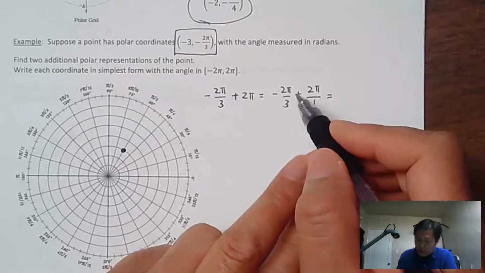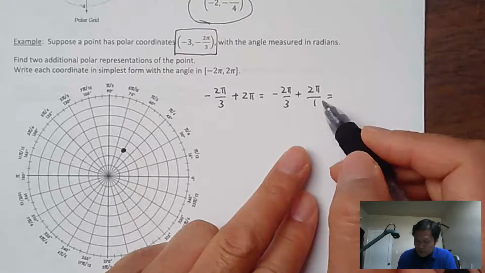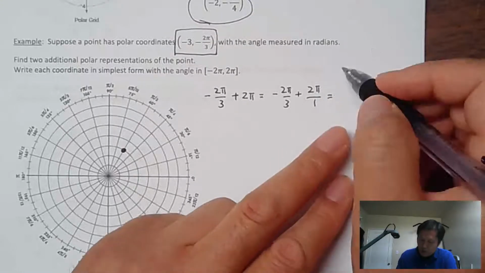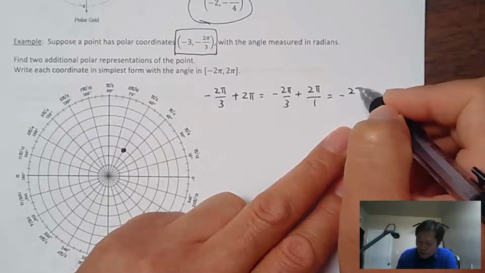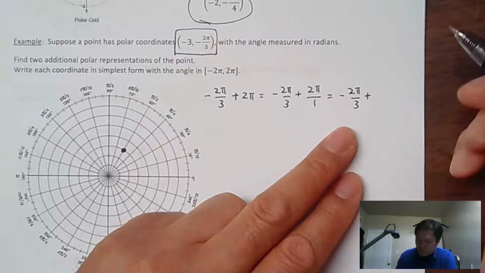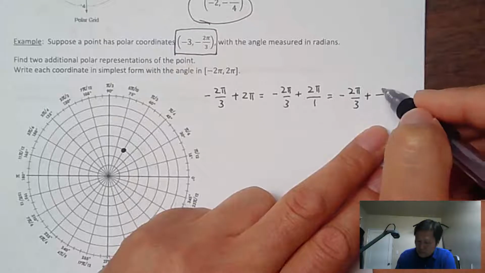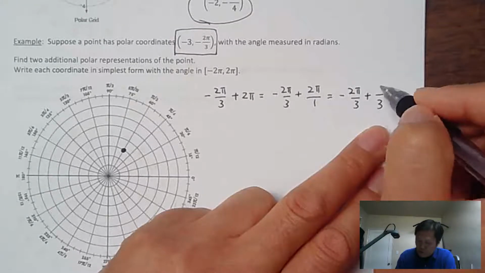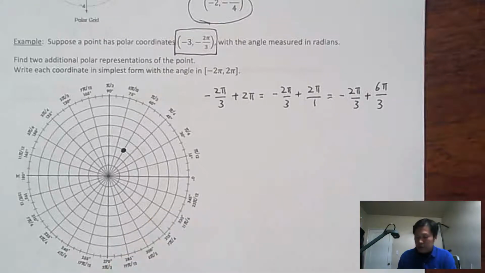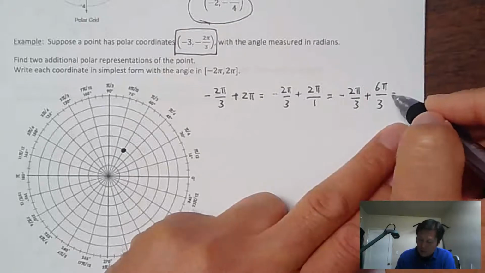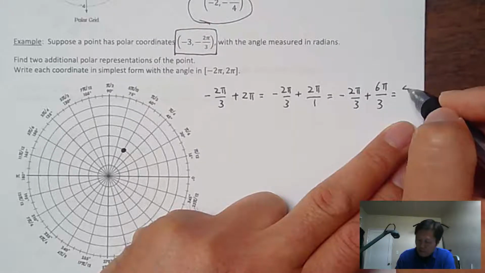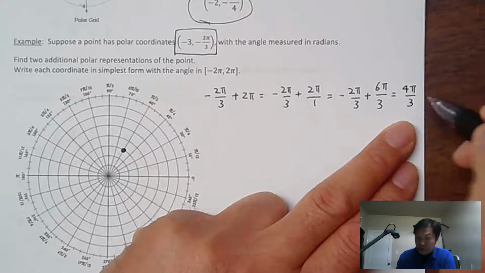Minus 2 pi over 3 plus 2 pi over 1 becomes minus 2 pi over 3 plus 6 pi over 3, which will become 4 pi over 3.